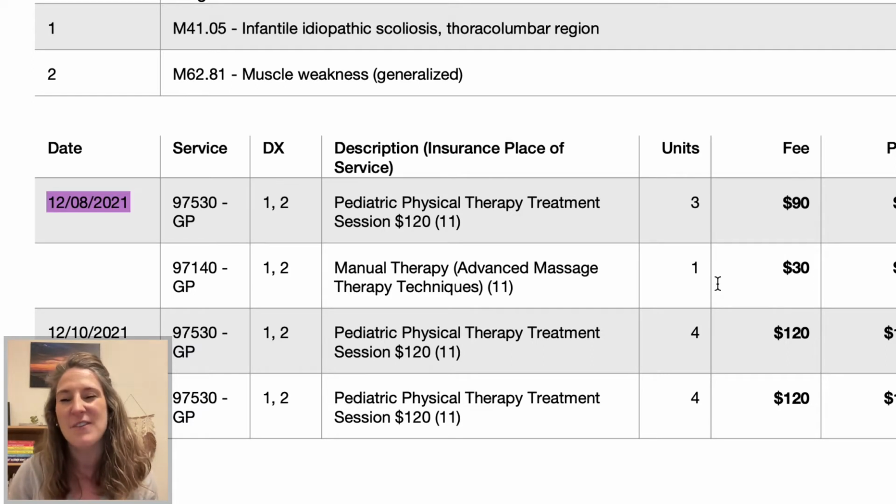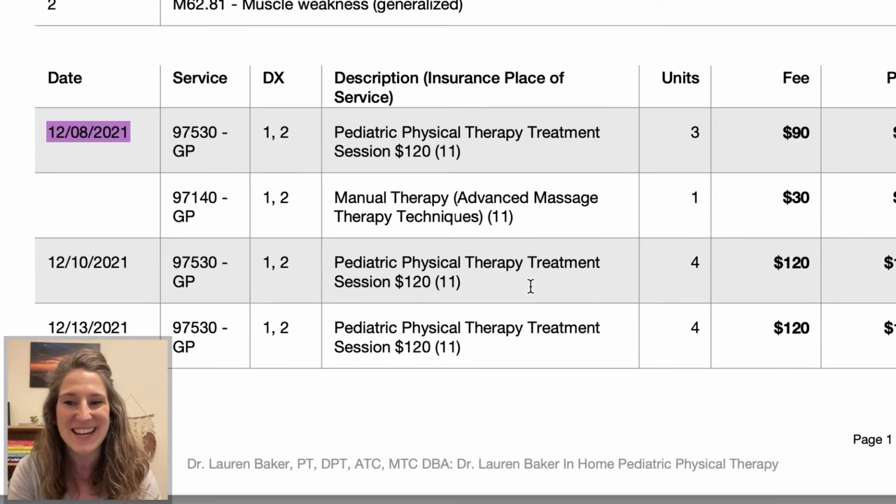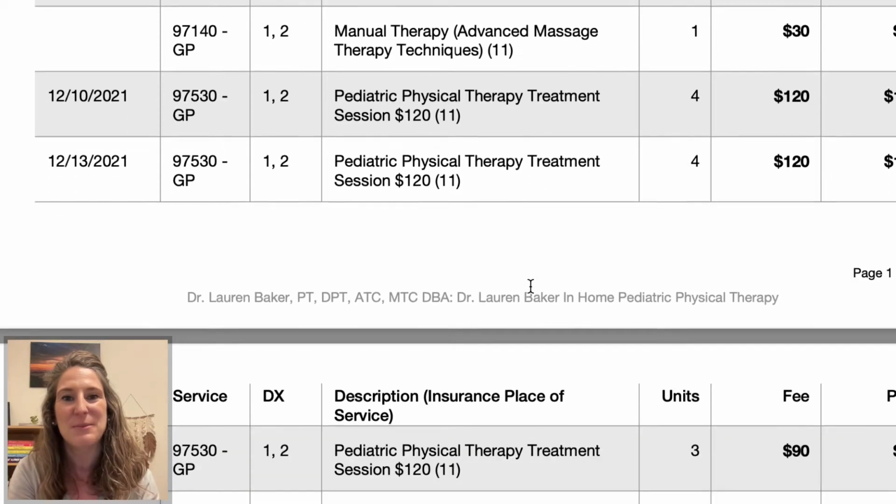They all base it off of Medicare, but they may reimburse slightly different for manual therapy versus therapeutic activities. If you see that one date of service you are reimbursed slightly less, it could be just based on the codes that were billed for that session. We have to be ethical and bill what actually transpired during that session. So just know that that's going to be a little bit different.